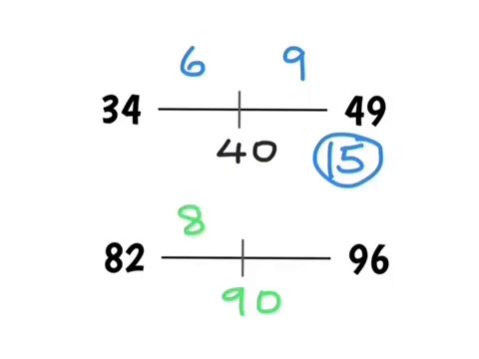And the gap from 90 to 96, I can think that gap as well, hold it in my brain. And then those two numbers that I've got in my brain, 6 and 8, I'm going to add those together to get 14. So my total gap between 82 and 96 is 14.